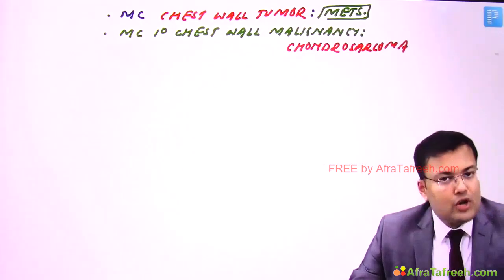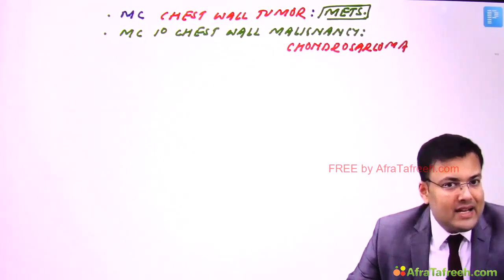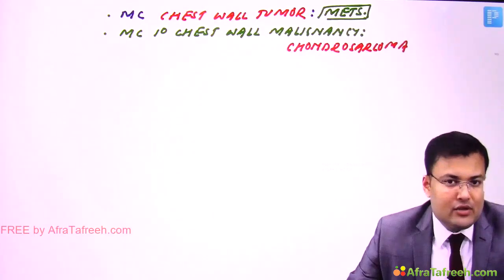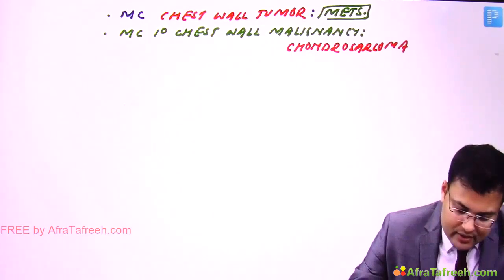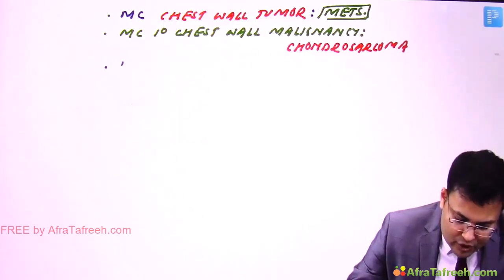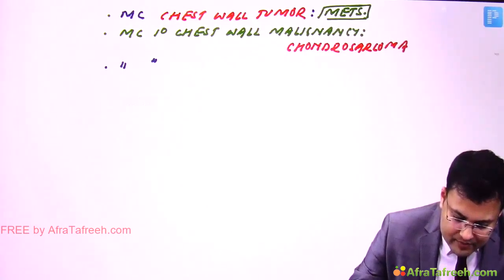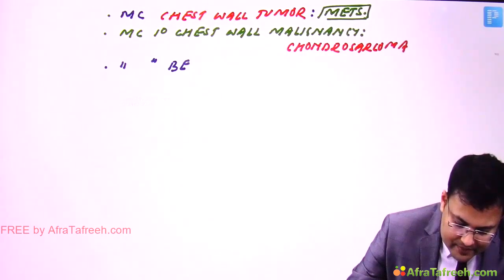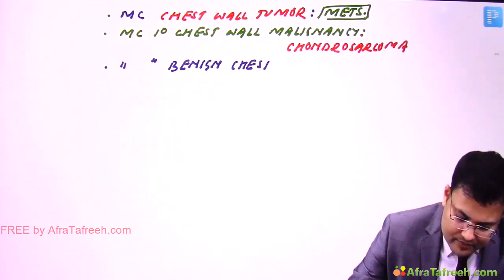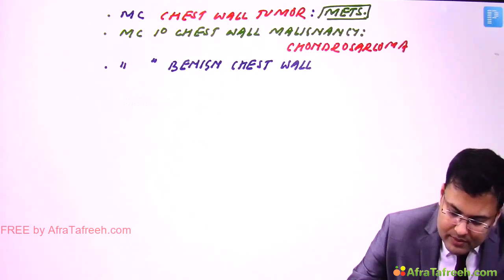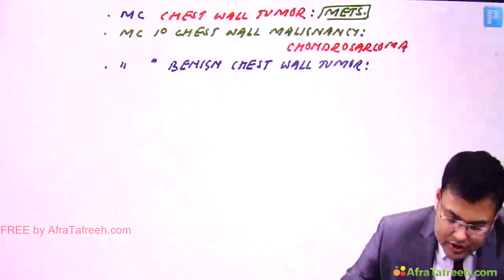And what is the most common primary benign chest wall tumor? Then it is osteochondroma. So the most common primary benign chest wall tumor is osteochondroma.